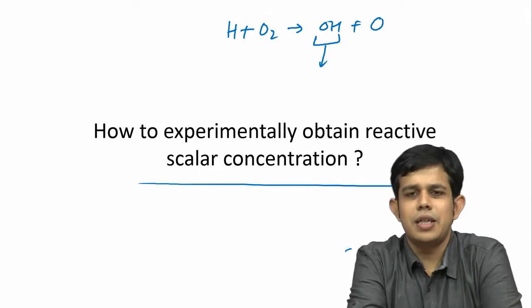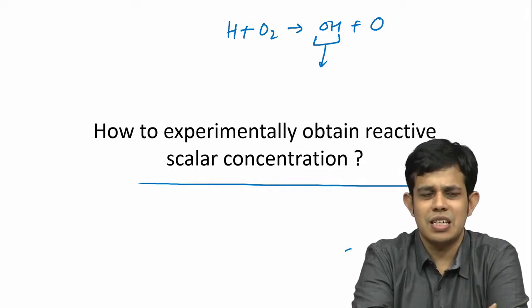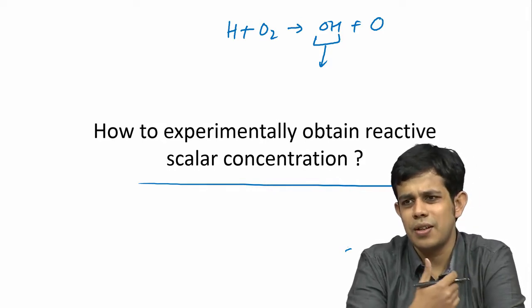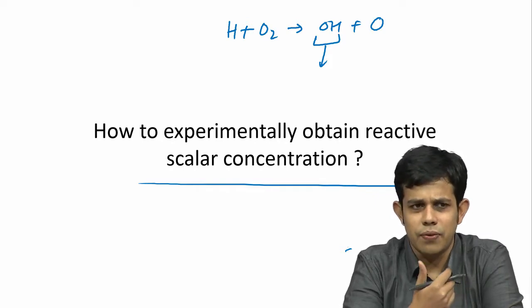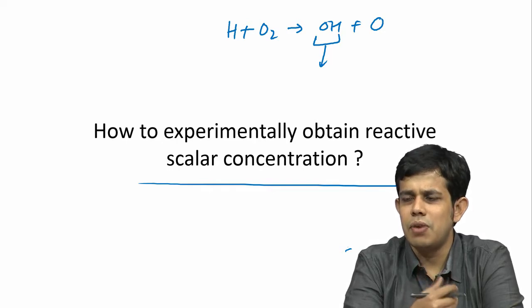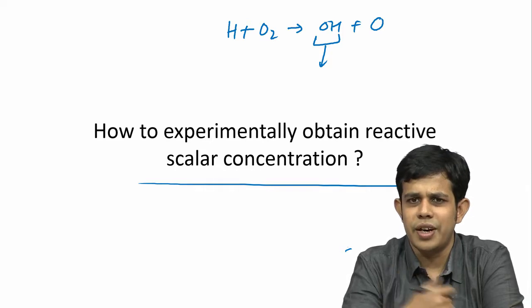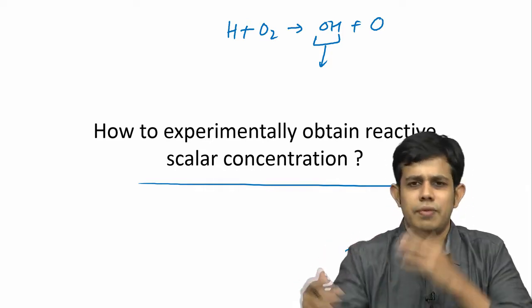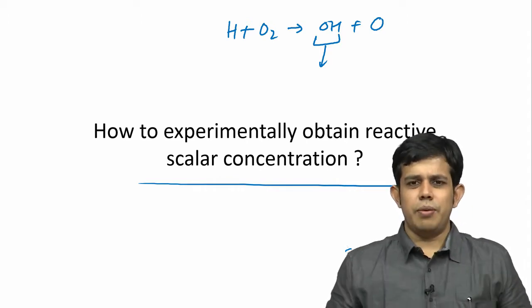One of the most important things we can measure in combustion, which will tell us something about the kinetics and where the flame is located, is OH. Where we have a sharp increase in OH, we can say that the flame is located at that point. So, it is worthwhile to measure the OH concentration in a combustion environment.